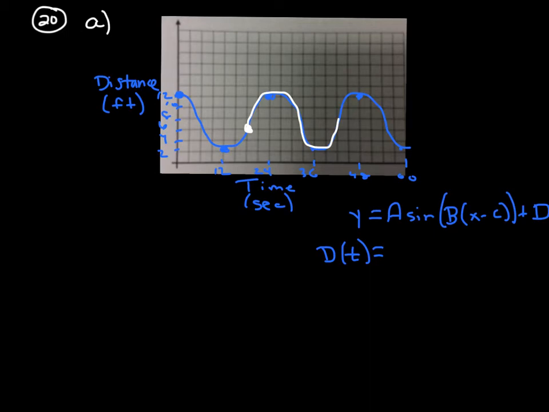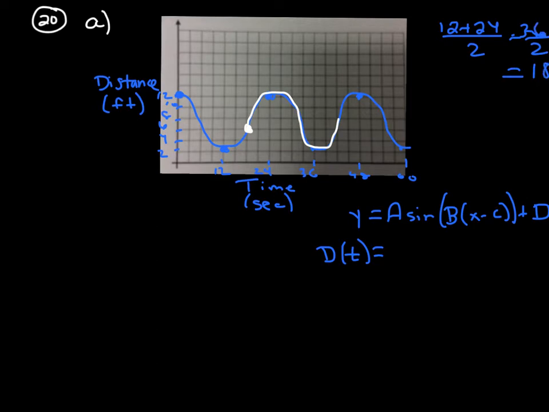Now, if we want to figure out where the starting point is, you can see that it's halfway between the 12 and the 24. Halfway between 12 and 24 is 18. If you have trouble finding the middle of two numbers, you can just add them up and divide by 2 to find the average: 12 plus 24 is 36, over 2, which gives you 18.